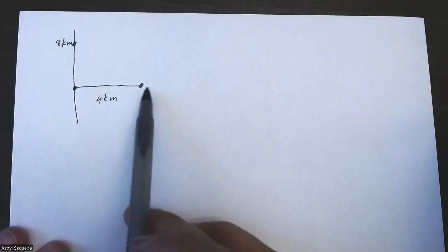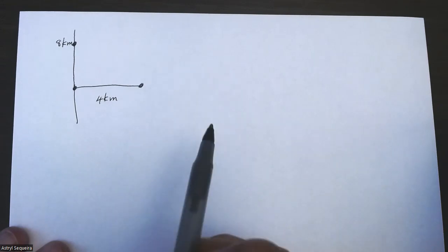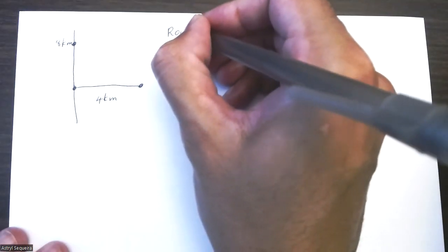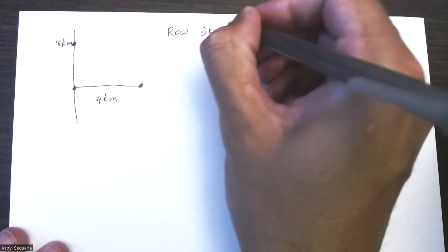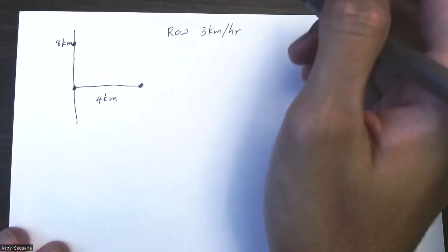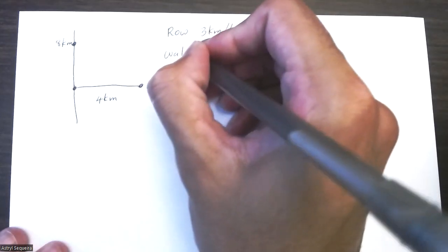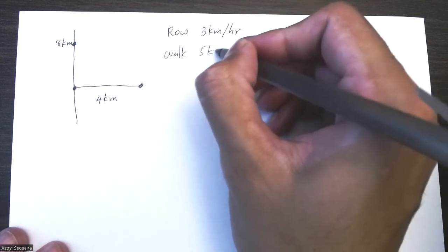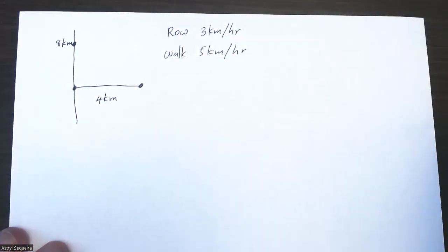And the man wants to get to this store in the quickest amount of time possible, and he can row at a speed of 3 kilometers per hour, and he can walk at a speed of 5 kilometers per hour.